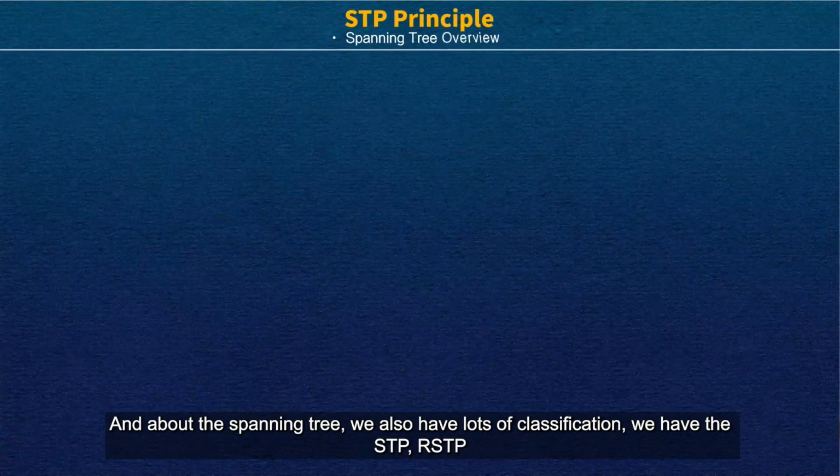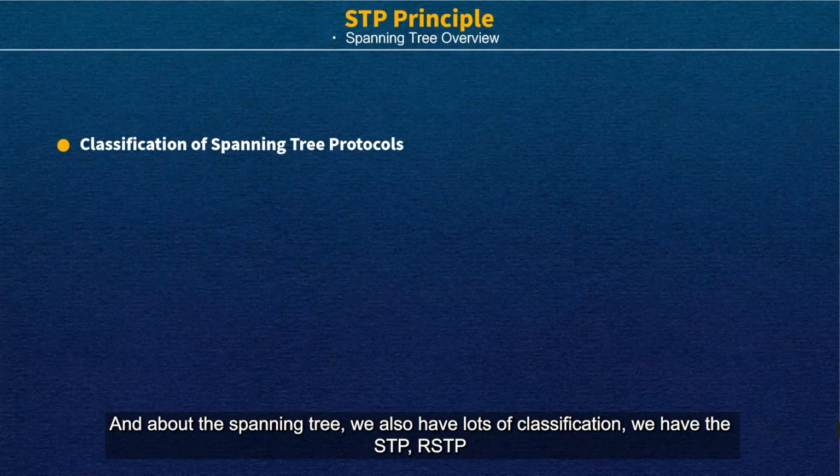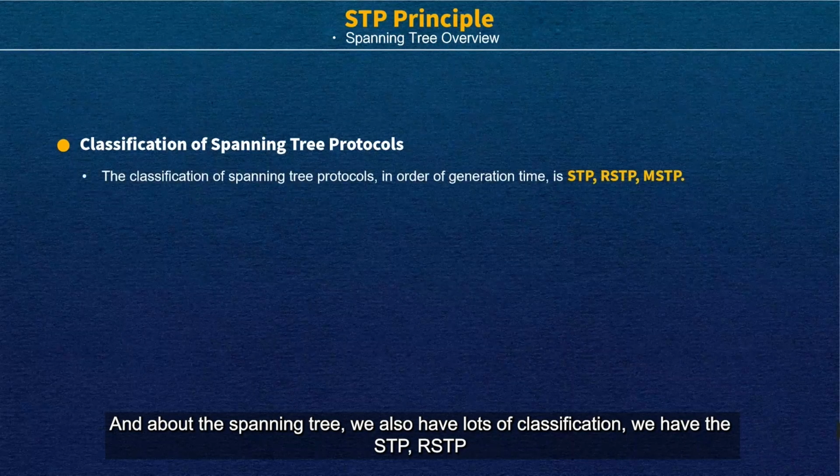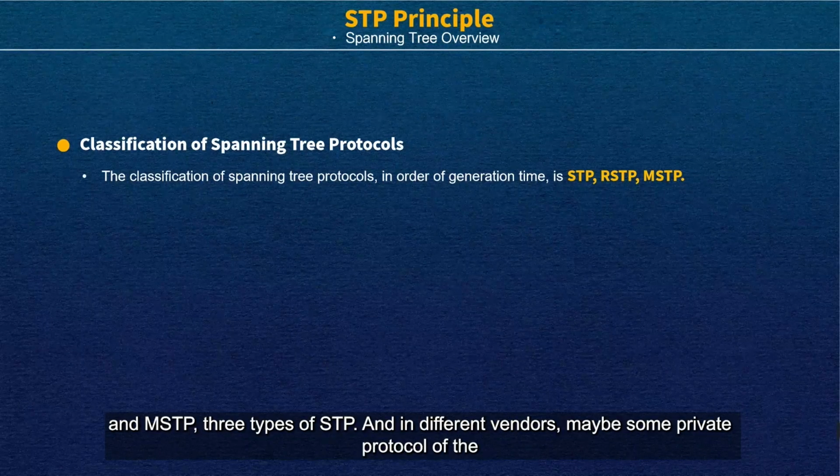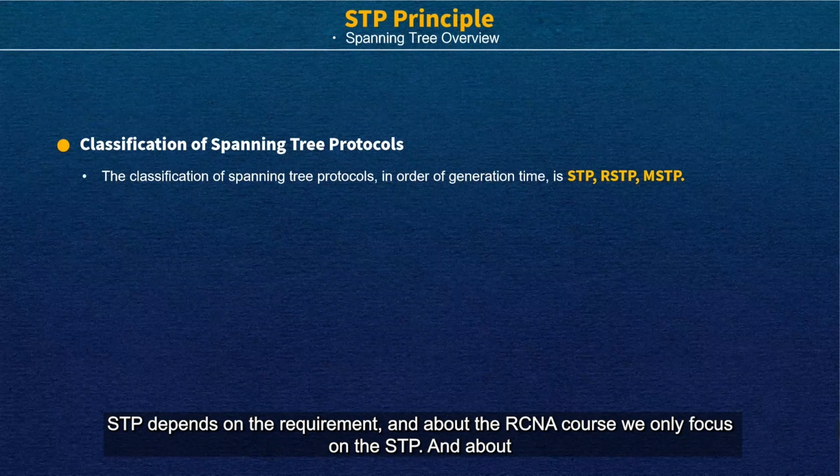And about the spanning tree, we also have lots of classifications. We can have STP, RSTP, and MSTP, three types of STP. And different vendors may have some private protocols of STP depending on the requirement.